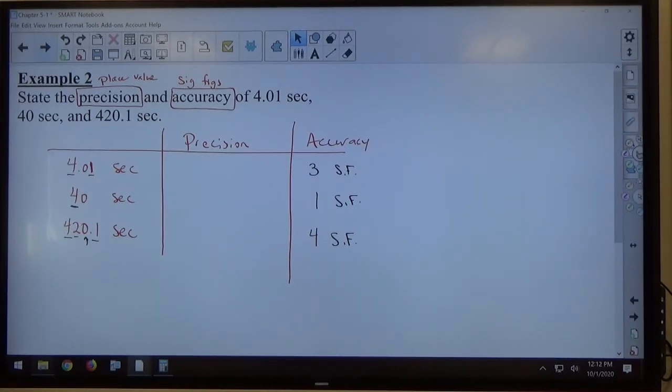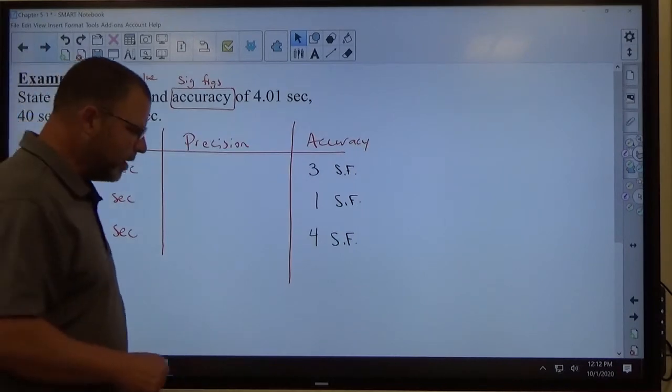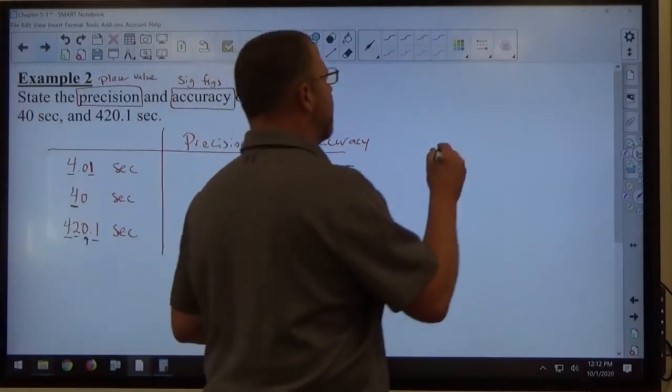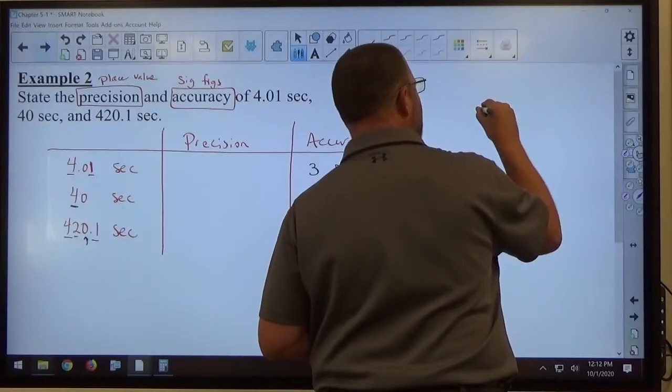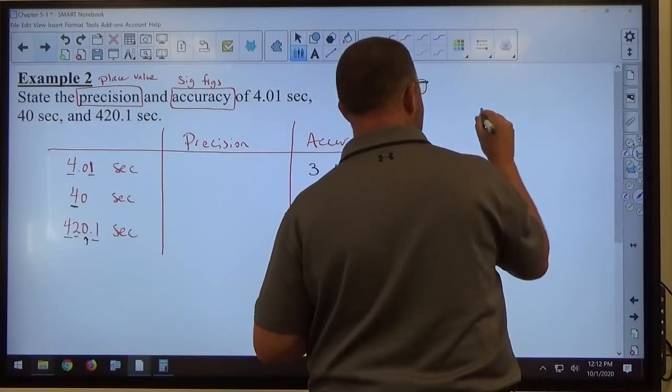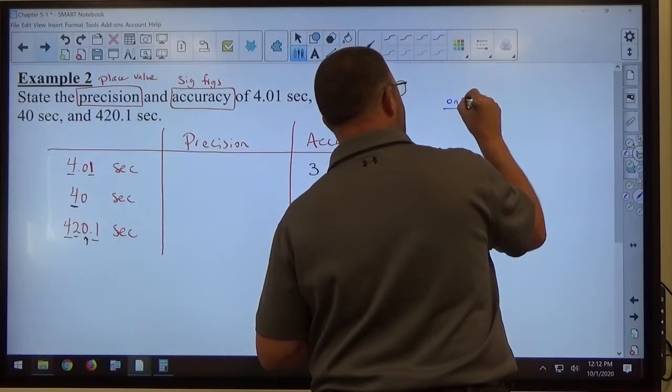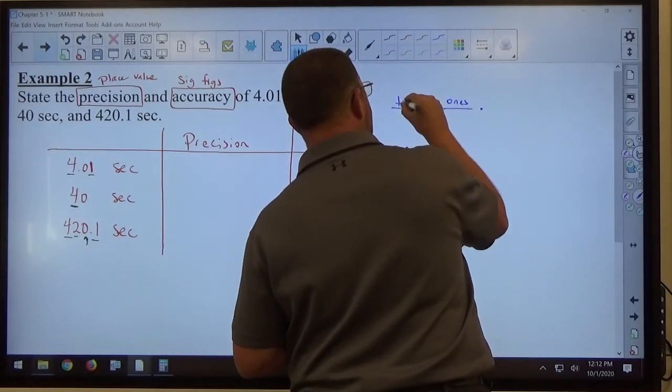For precision, precision has to do with place value. And place value has to do with where you are in position to the decimal point. So place value looks like this. If I have a decimal point, I'm going to go simple because we don't have a whole lot of places here. I got the units place or the ones place. I got the tens place.